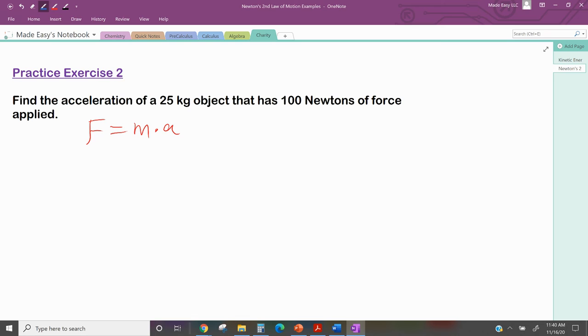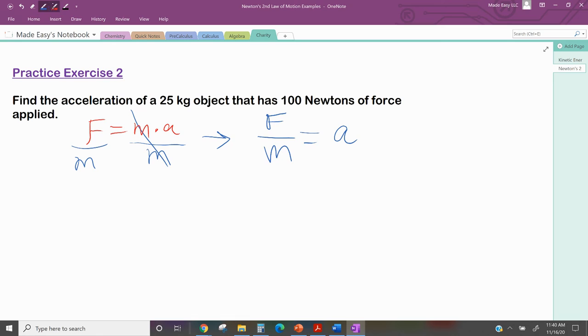Okay. This isn't high school algebra. But if you want to get acceleration by itself, what you're going to have to do is divide both sides by mass. All right, that cancels out. And then we could rewrite the equation as force divided by mass is equal to acceleration.